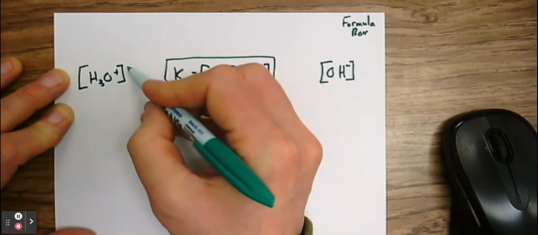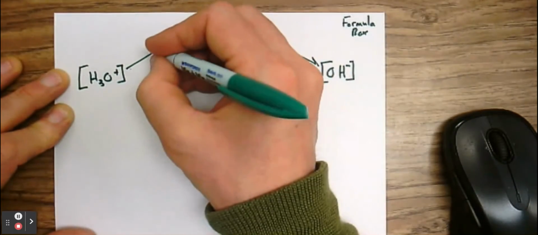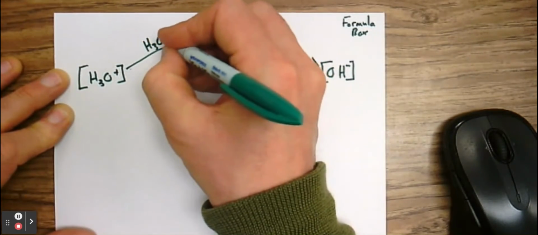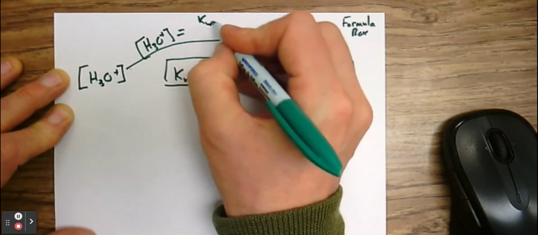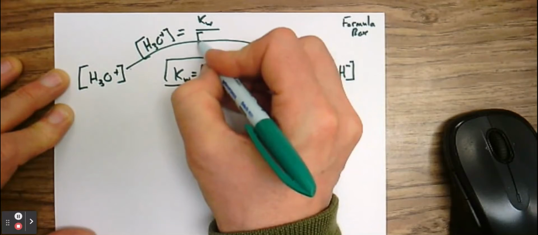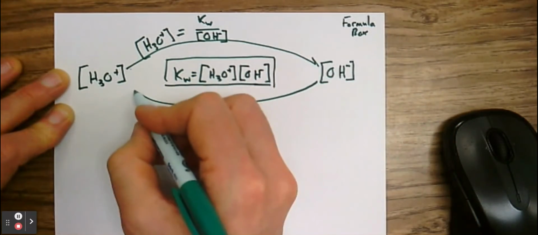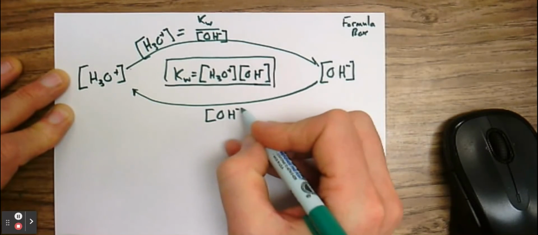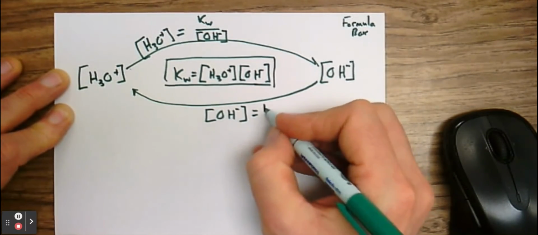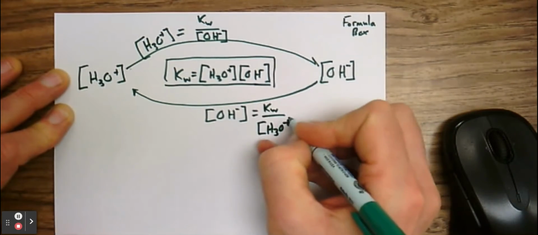Here's the formula: Kw equals the concentration of hydronium times hydroxide. That's the formula. All right. Now, H3O plus concentration is equal to Kw divided by your concentration of OH negative. And the concentration of OH negative is equal to Kw divided by H3O plus.